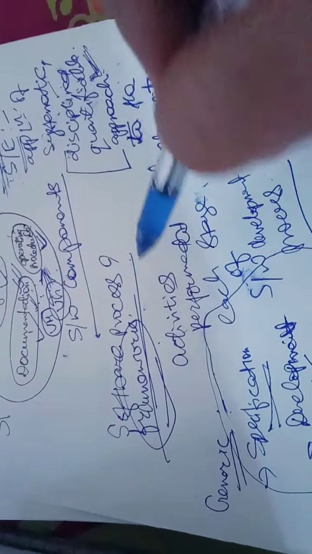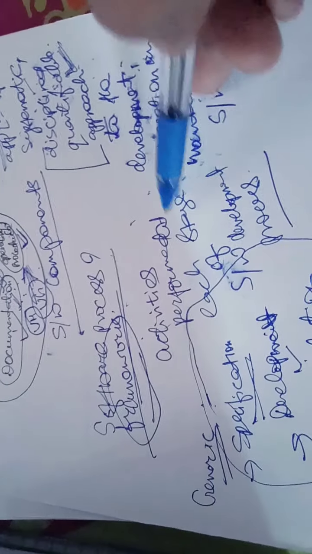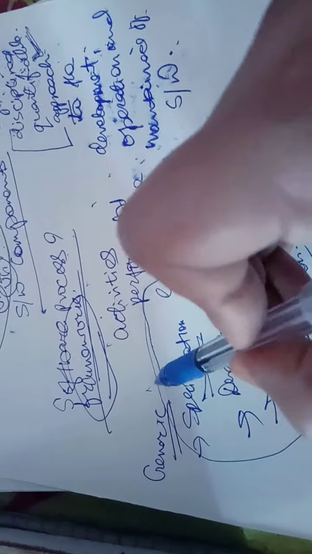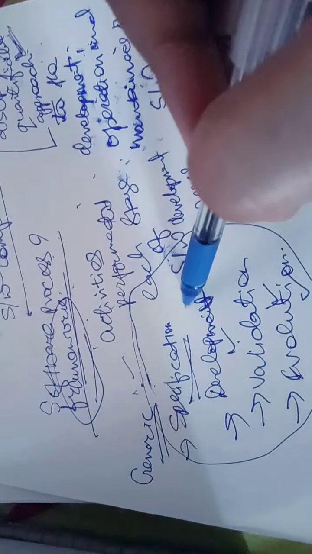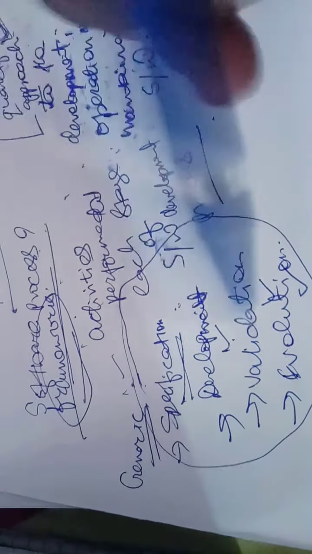We also discussed what a software process is. A software process is nothing but a framework of the activities performed at each stage of the software development process. Under the software process there are some generic activities. Specification will let you know what the system should do.